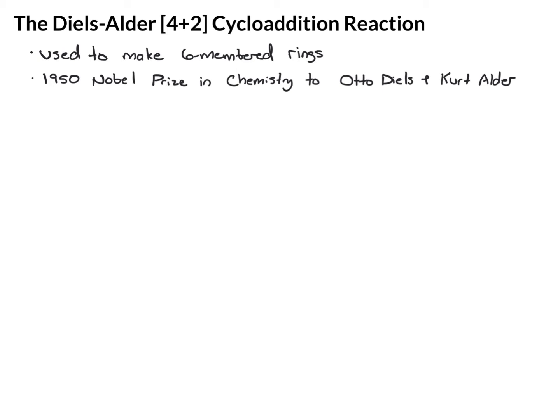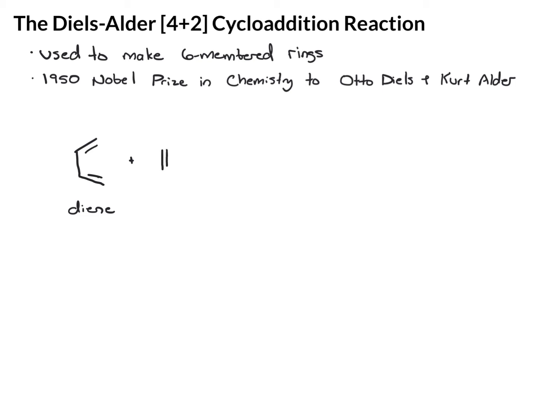Let's take a look at how this reaction takes place. There are two components to a Diels-Alder reaction. The first is a conjugated diene. And I'm drawing it in a particular conformation, and you'll see why that is as we do the reaction. So we have our diene. We have a second molecule, which is a pi bond.